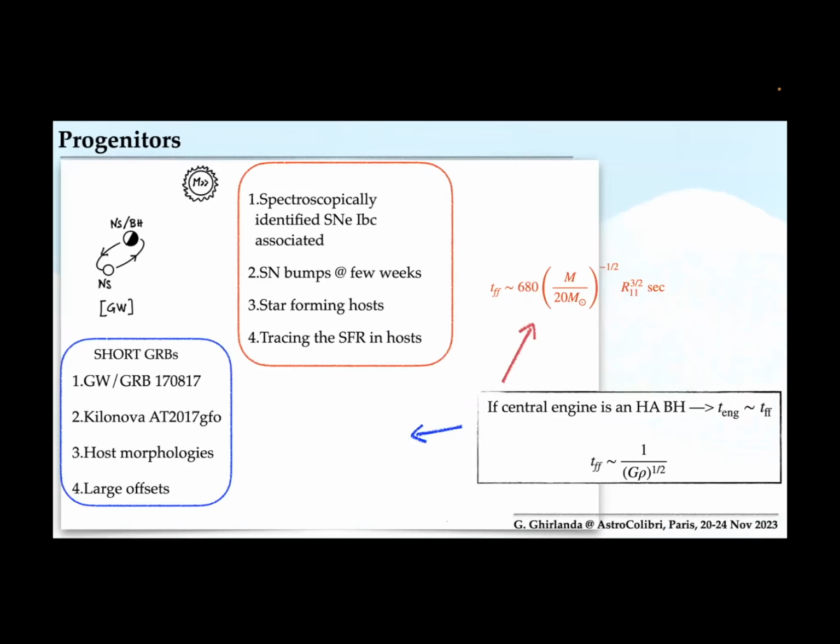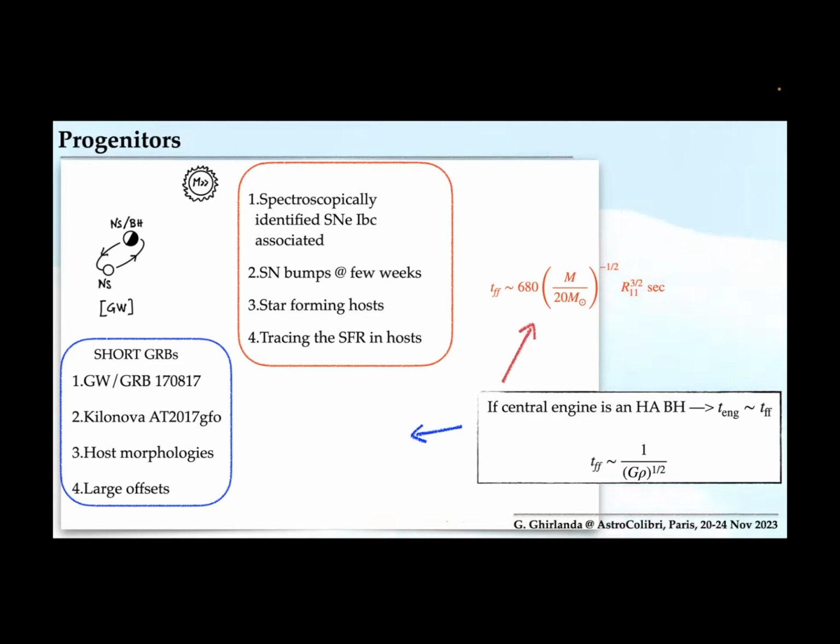Here you see in these boxes, let's say, the arguments or the observations on which the division into short and long gamma-ray bursts with respect to their progenitors stands. I think a very simple argument to understand this idea comes from the fact that if you work out the duration of the burst, provided that you apply the relativistic correction, you realize that the GRB duration should be similar, modulo the redshift correction, to the duration of the central engine.